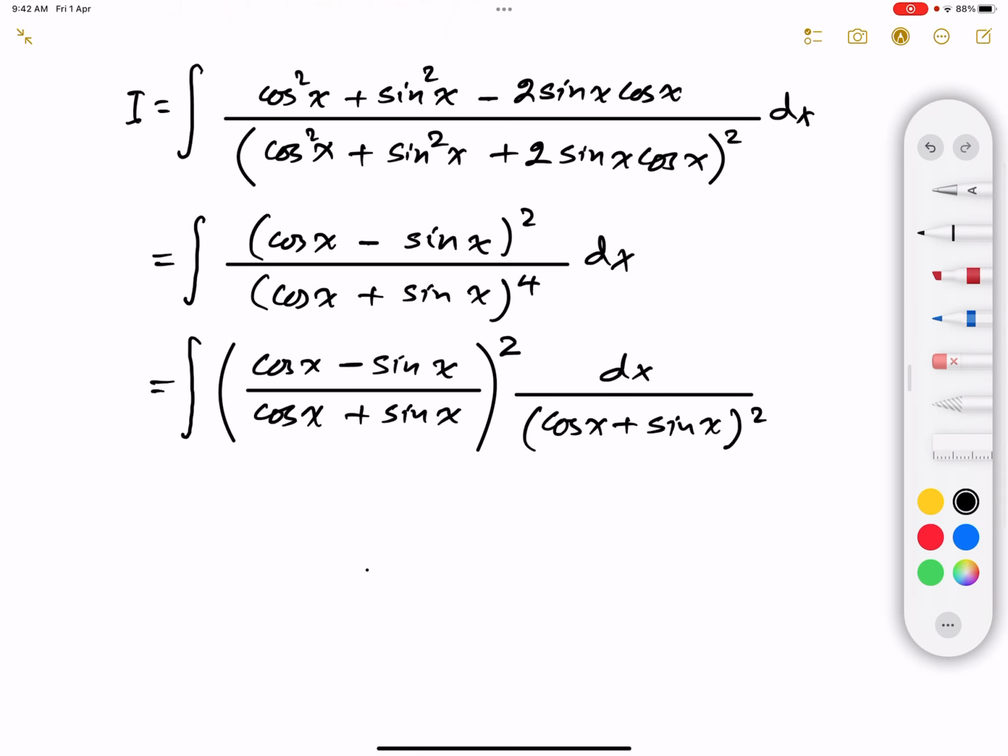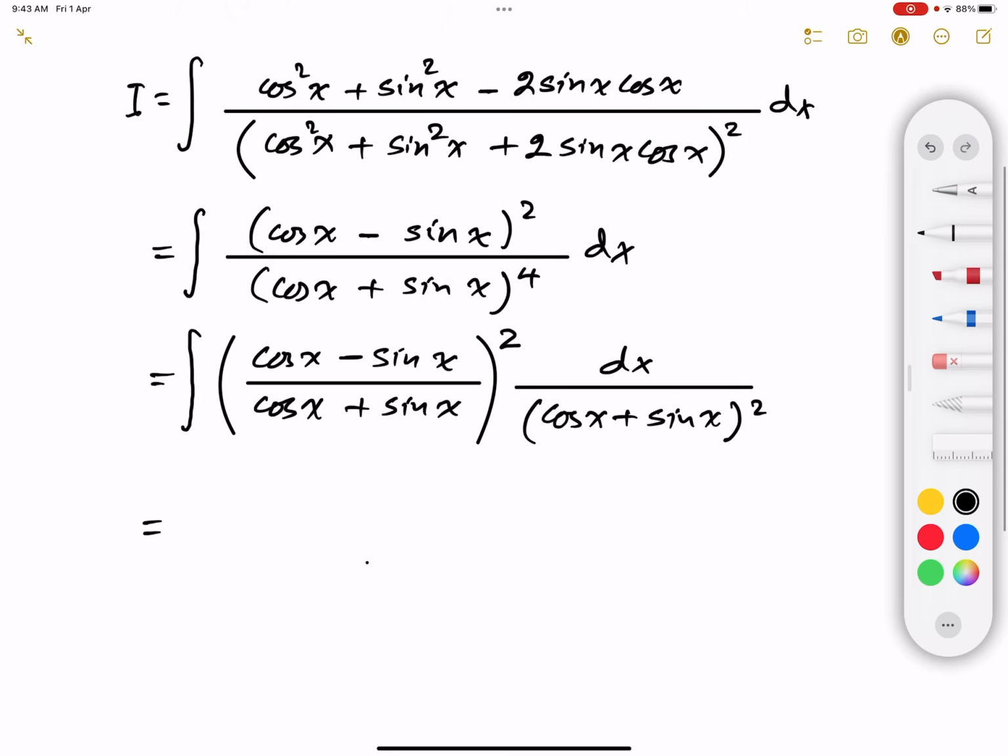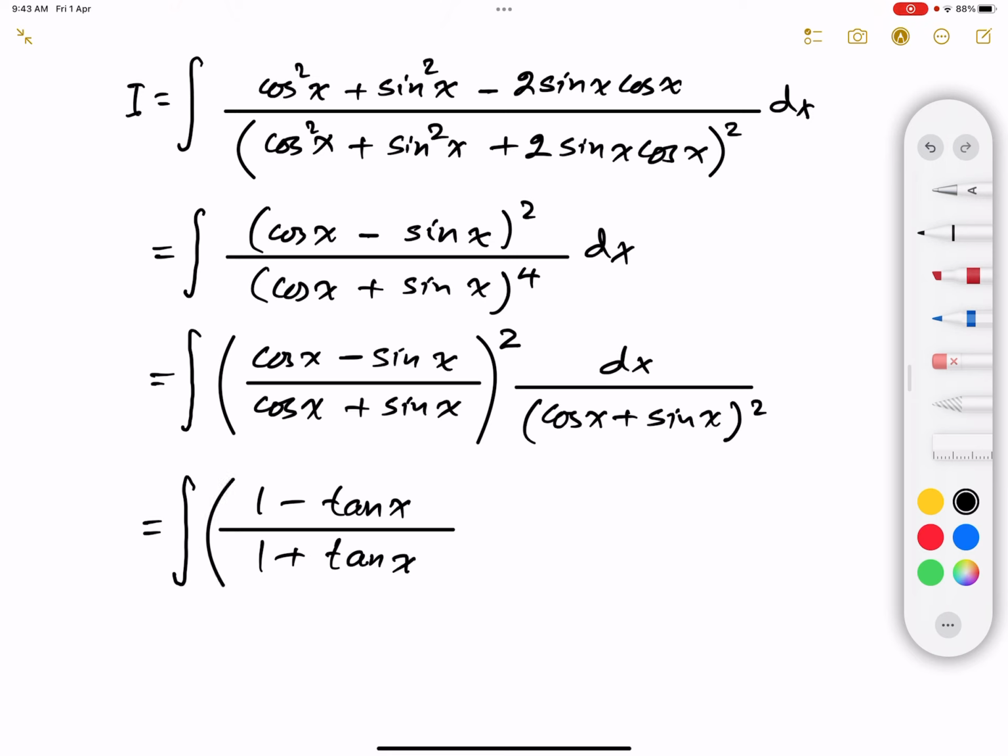Now we can go ahead and divide the numerator and the denominator of the first term by cosine. We're going to do the same thing with the second term, but instead of dividing by cosine, we're going to divide by cosine squared. So this is going to be equal to the integral of (1 minus tangent of x) over (1 plus tangent of x), and that is all going to be raised to the power 2, of course.